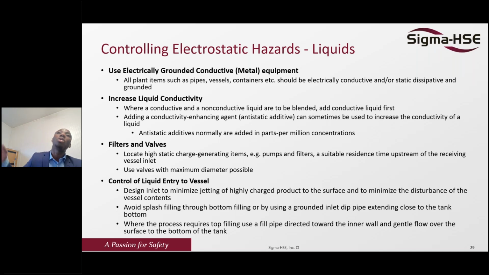Sometimes when you are filling, you shouldn't just drop from the top to the bottom, otherwise it is going to splash at the bottom, which is going to generate charges. Also in the process of filling, it's always better if you can drop it to the bottom so that it will not have any kind of splash, and this can control static discharge during filling or emptying of any liquid material.